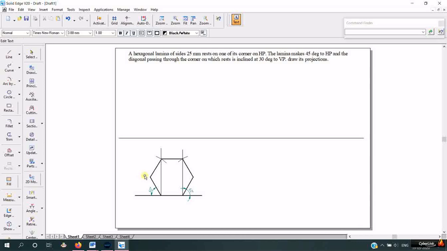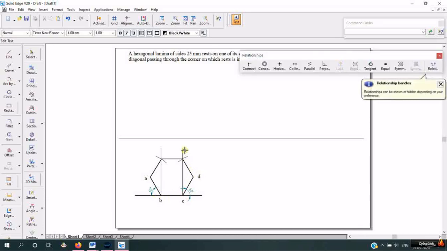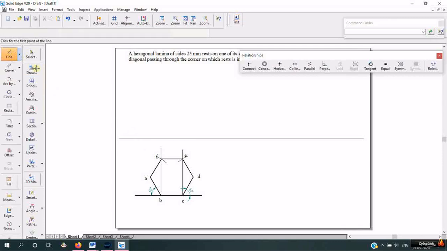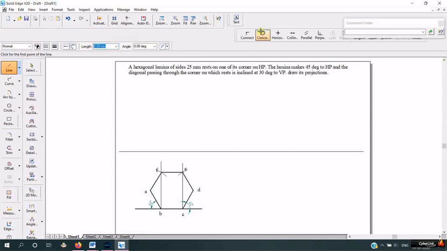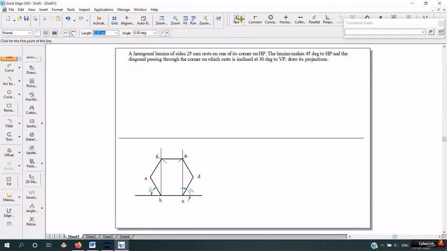So name this, and project all the corners. Now project all the corners.